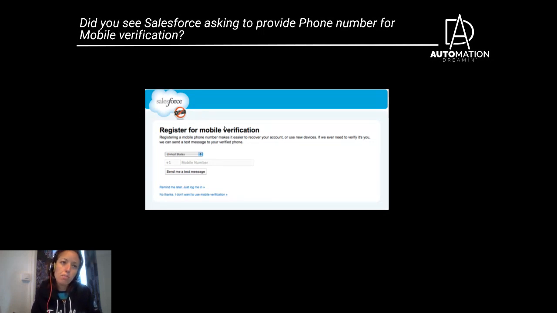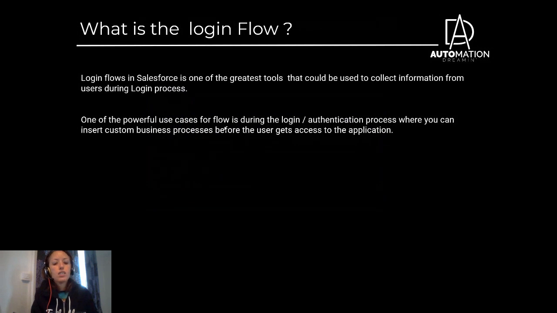Most of the time we respond with "let me do that later." If you check this option, every time you try to log in one more time, you will see this particular message.